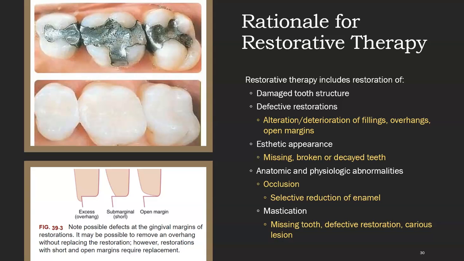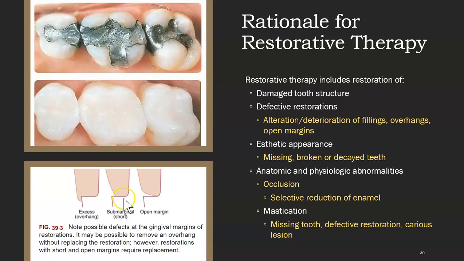So why do people need restorations? What is the rationale for restorative therapy? I'm sure you guys know this, but to sum it up really quickly, if you have a damaged tooth structure, so if you have a chipped tooth, for example, you're going to need a restoration. If you have a defective restoration, so perhaps you got fillings done, but they were too big, they stick out, that's considered an overhang.